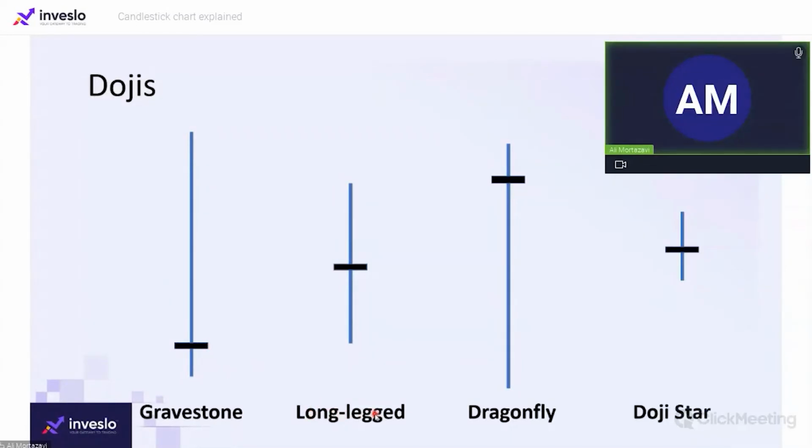And also we have the long-legged doji, which means complete indecision in the market, and this is a situation where we should be out of the market and just watch, because long-legged dojis mean neither buyers nor sellers had enough strength to control the market.